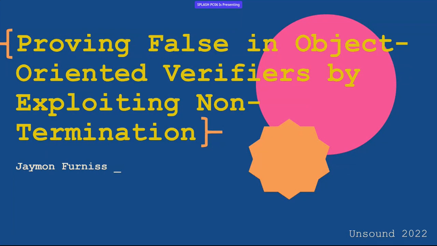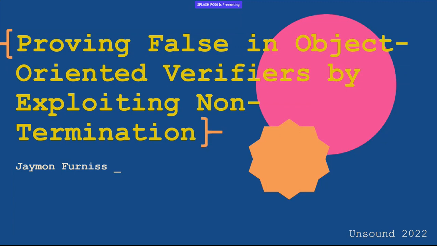Is this working? Hello. I am Jamon, and I am a student from the Victoria University of Wellington, and I will be presenting Proving False in Object-Oriented Verifiers by Exploiting Non-Termination, which is my accepted paper for this workshop.